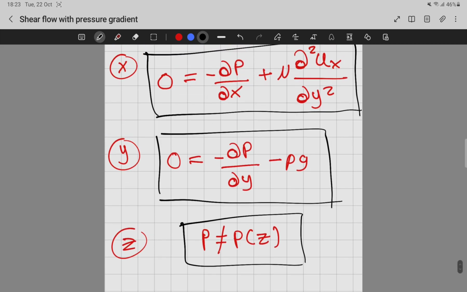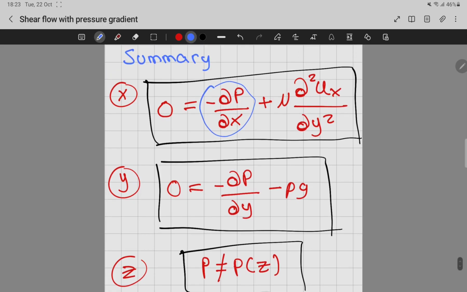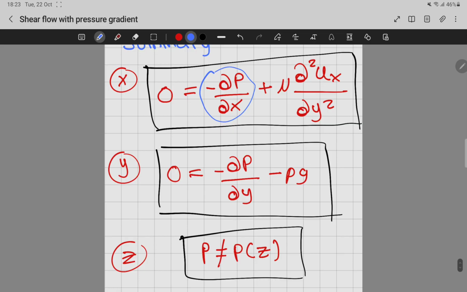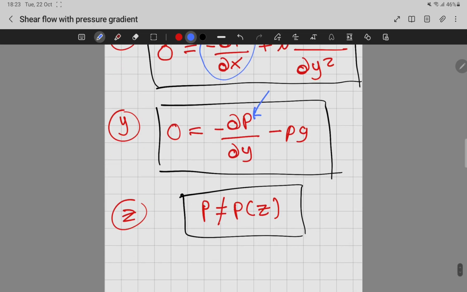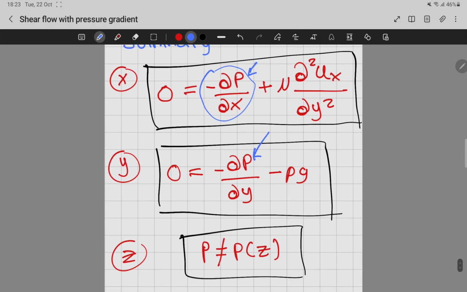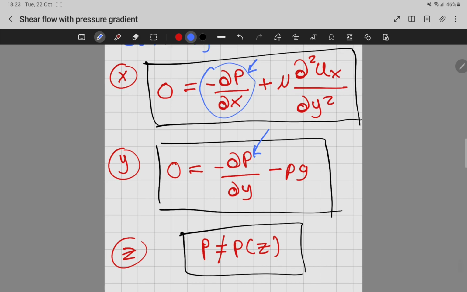Remember, this term is going to be constant. So that means that we have a decoupled system of equations. We do not need an equation for pressure in order to find the velocity field in x direction, because this term is going to be constant.